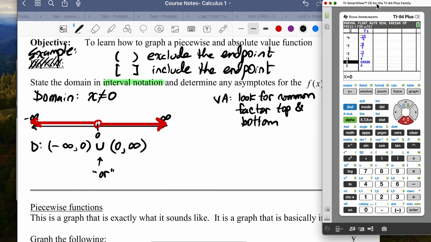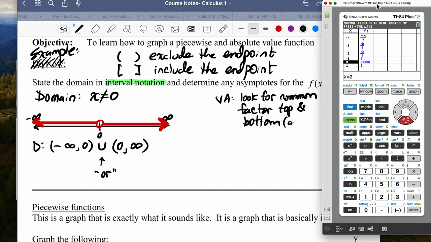All right. If there is a common factor, you factor it out. Little run-on sentence here for you. And factor out, then cancel.